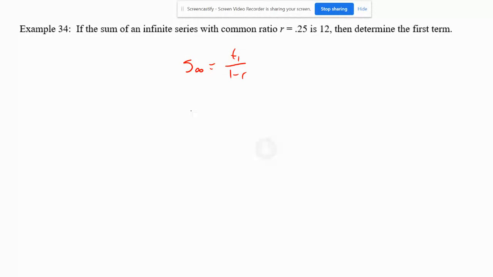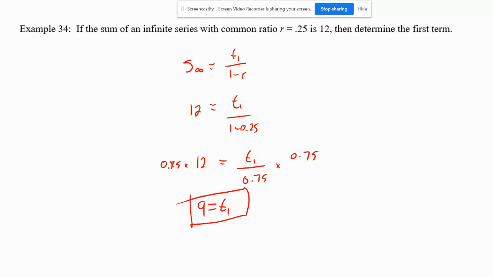The sum is 12, so that's 12 equals T1 over 1 minus 0.25. I'm just going to multiply both sides times 0.75. 0.75 times 12 is 9. And there's our first term over here.